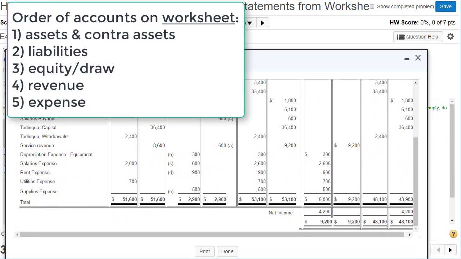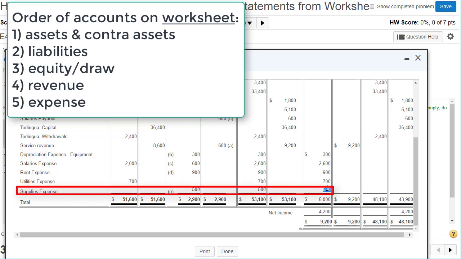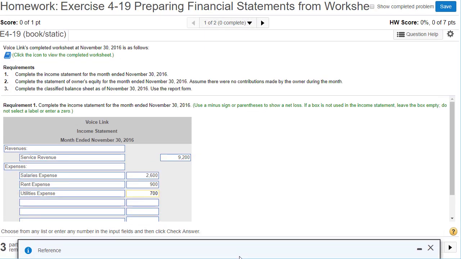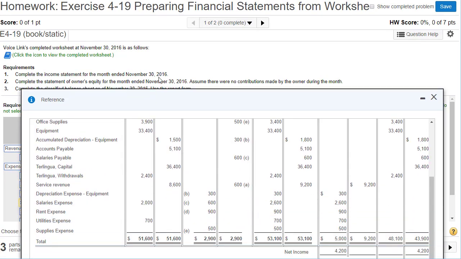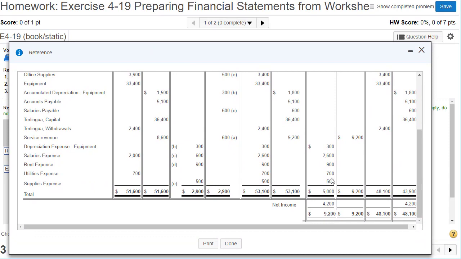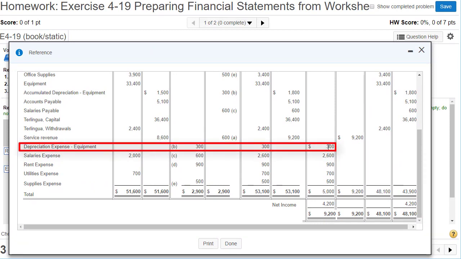And remember, the worksheet always has the expenses last and second to last for the revenues. That's why I know I can go down here to the bottom. All right, next we've got $500 for supplies expense. And that was $500. So next one, last one, we have $300 for depreciation expense.